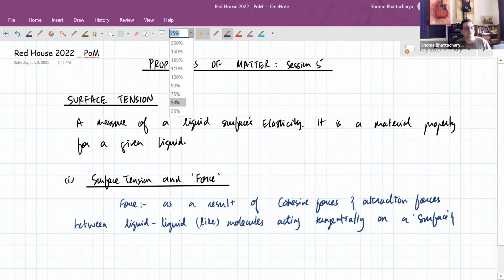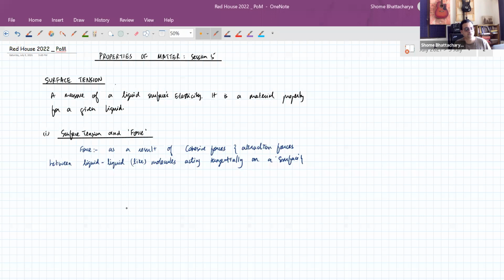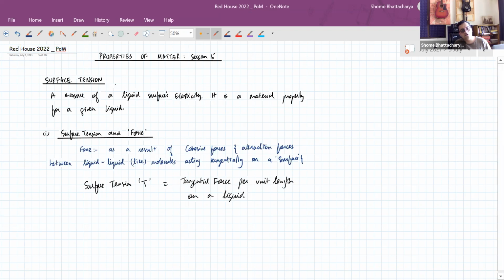So that is the first way we can measure or define the parameter of surface tension. So surface tension, which we will denote with the symbol capital T, is defined as tangential force per unit length on a liquid surface.